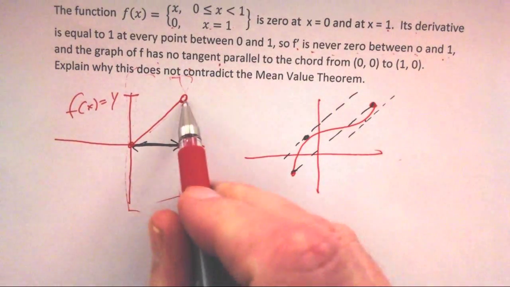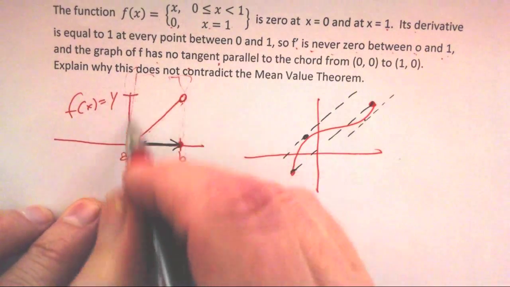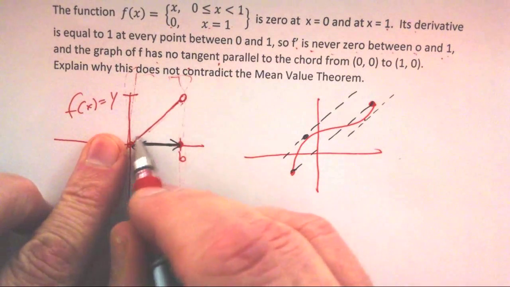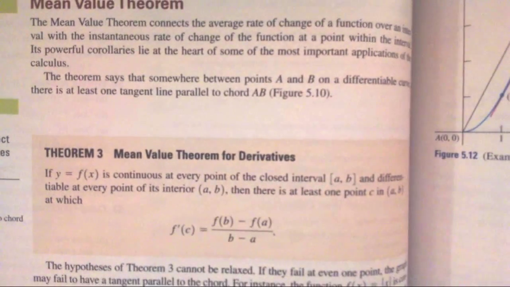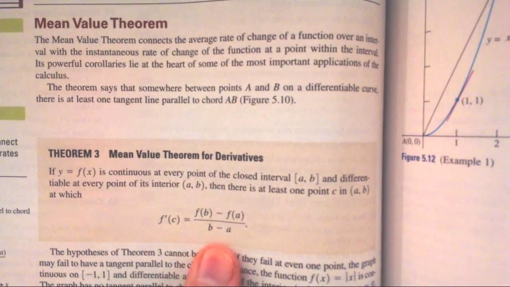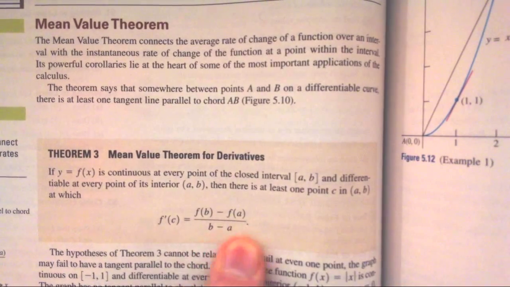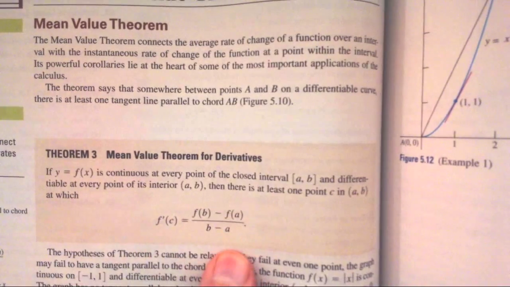This point is not differentiable at b, but it is differentiable inside of (a, b). It's all of these, we have derivatives. Then there's at least one point c in (a, b) at which the derivative there is equal to our secant segment slope, which is 0. But all of our derivatives are 1, not equal to 0.